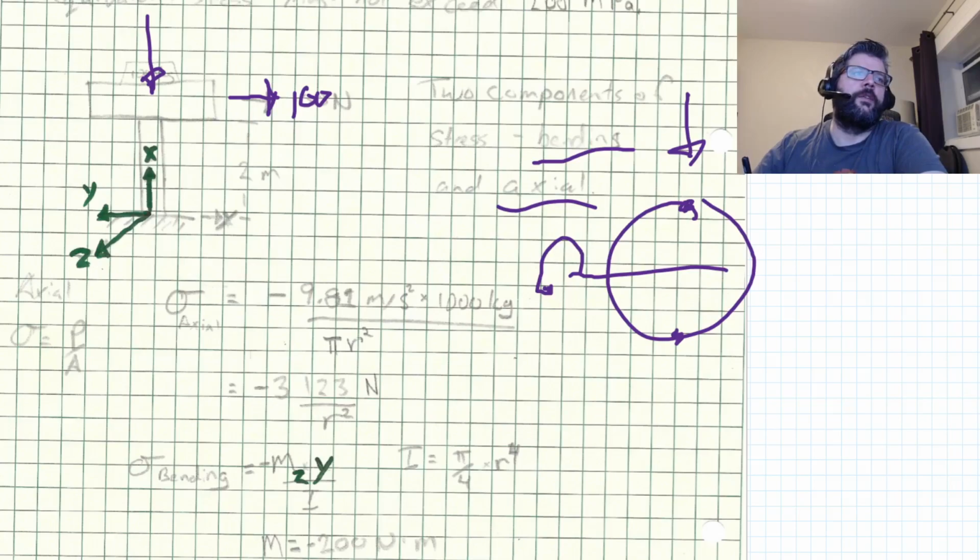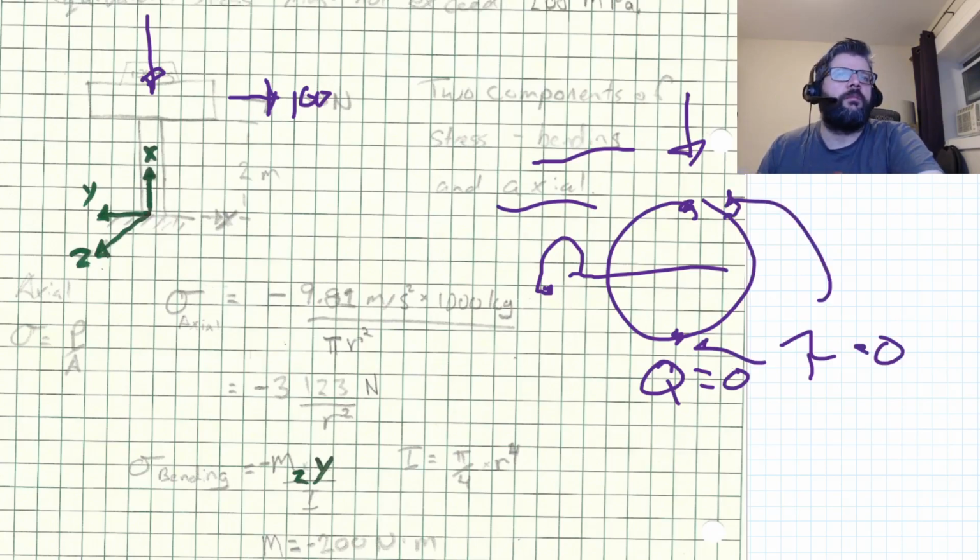And at those points, our Q is equal to 0, because the area separated from the neutral axis at that point is 0 as well. So shear is 0 at those points as well, the transverse shear.